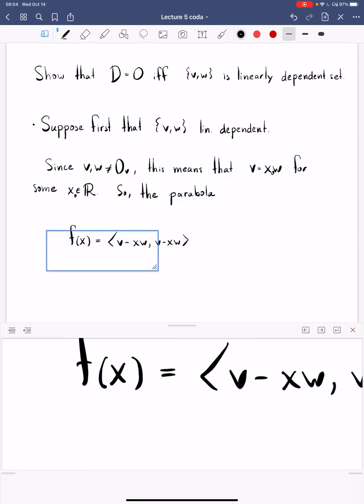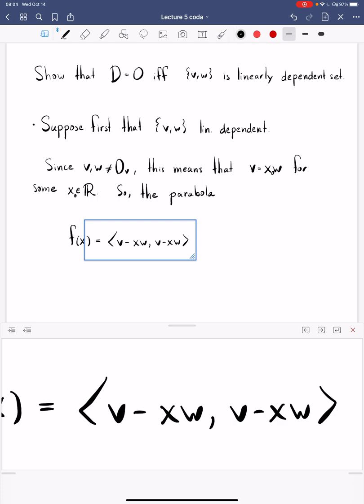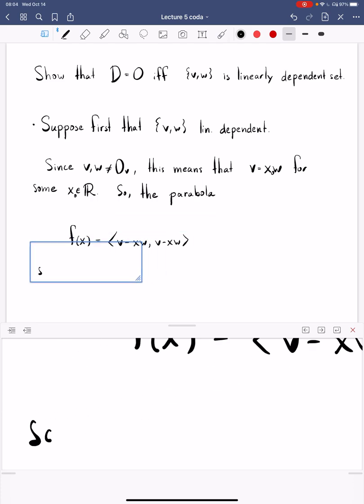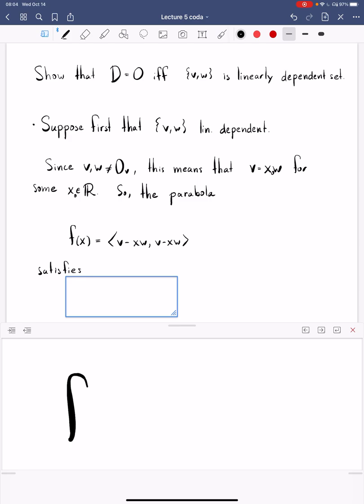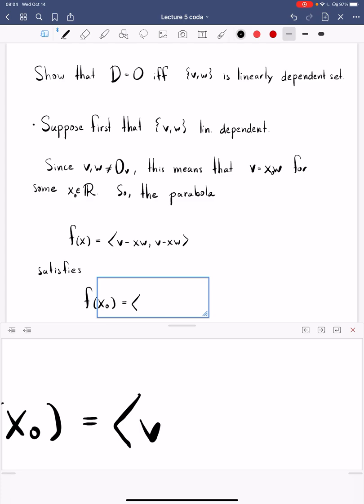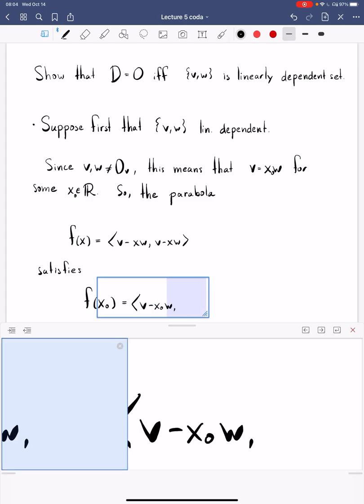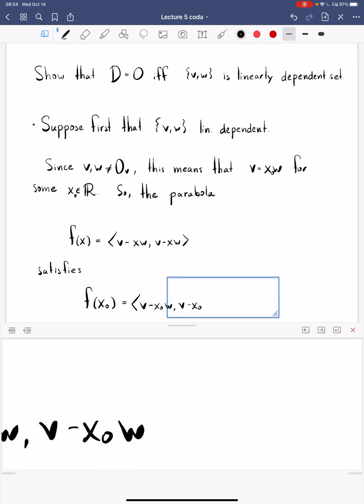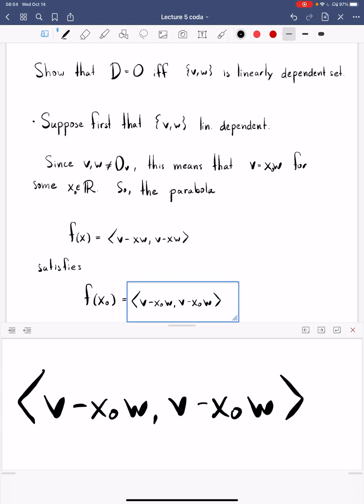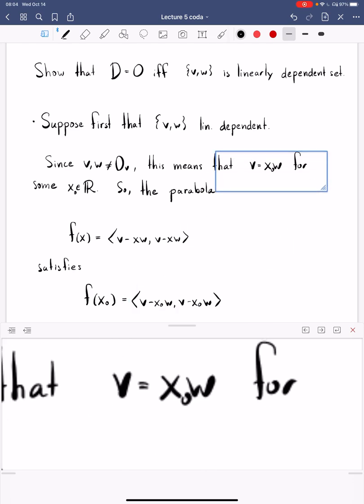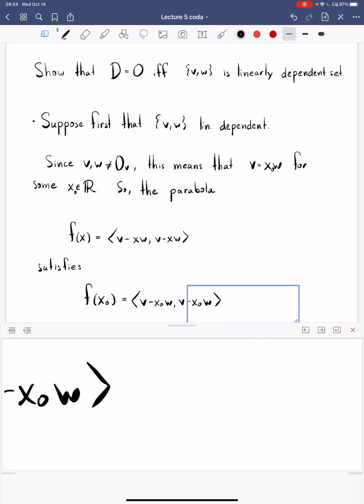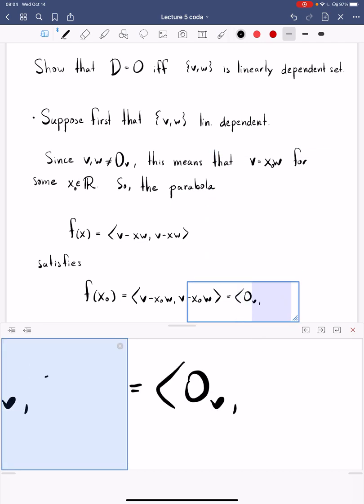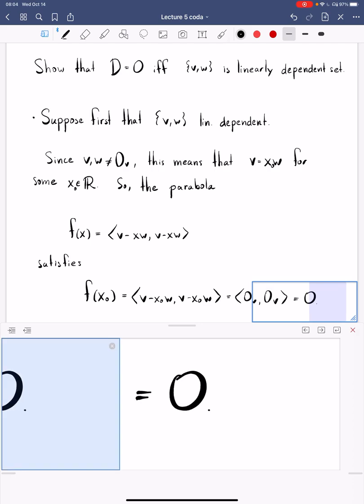So the parabola f of x satisfies f of x0 is equal to v minus x0w, v minus x0w. All right, and v minus x0w is the zero vector, right? V is equal to x0w. So this would be 0, the scalar product of 0 with 0 is equal to the number 0.